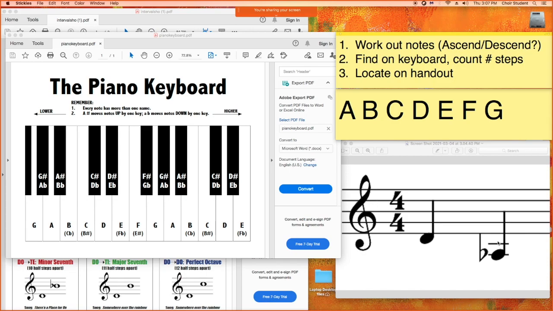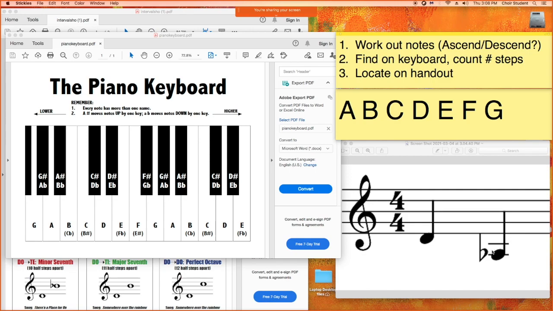Now I've got to work out this guy. Every line or space has its own letter name. So if this is D and it was on the space, then the next line is the letter before D. So in our case, that would be C. If the line is named C, then the space below it is the letter before that.